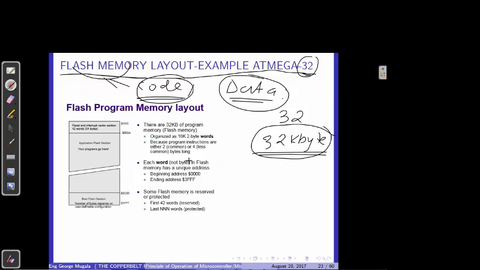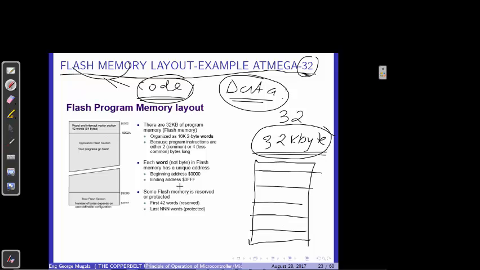Now think of this 32 kilobytes as this whole chunk, and in terms of bytes, think of this 32 kilobytes of size as being divided into cells.